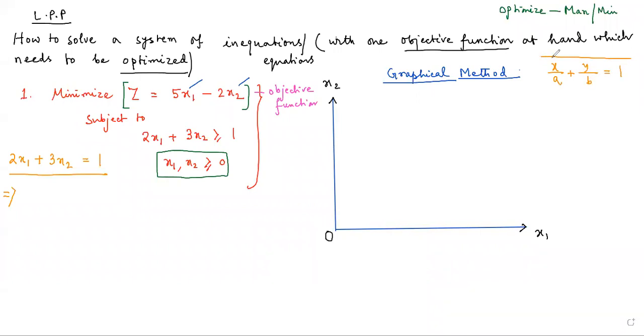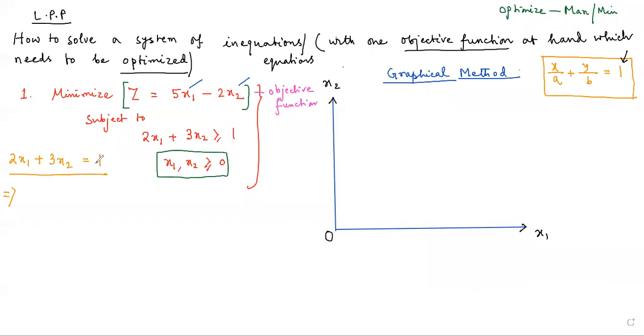This type of intercept form we actually require. But you see, on the right hand side of this intercept form, 1 is there. And here in this equation, 1 is already present.